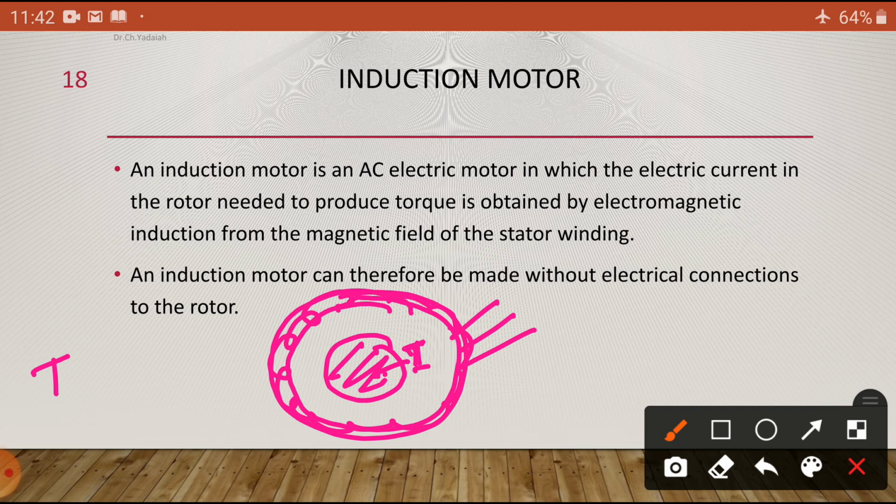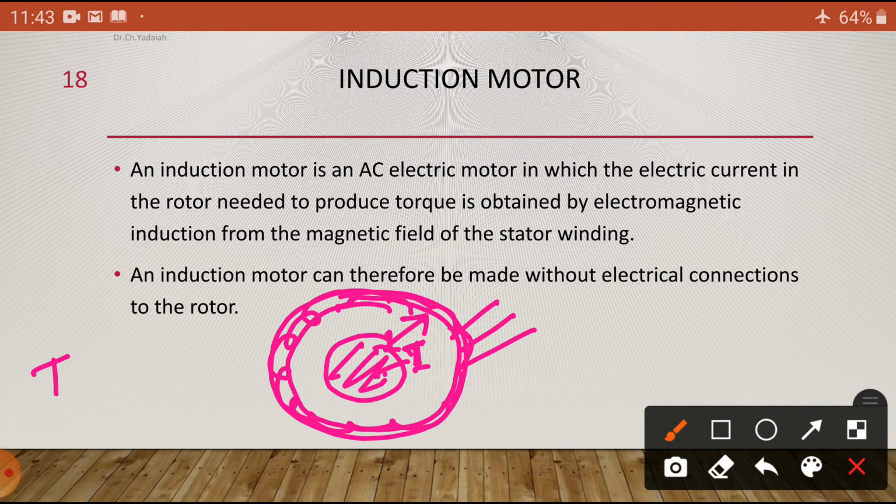That is known as the induction motor principle. An induction motor can therefore be made without electrical connection between the stator and rotor. There is no connection between the stator and rotor. Okay, that is the idea.